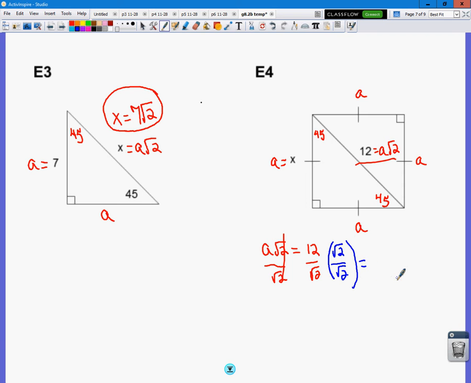So I'm going to multiply by the square root of 2 over the square root of 2. I now have 12 square roots of 2 over 2. But how many times will 2 go into 12? So this becomes 6 square roots of 2. Which means my X was equal to 6 square roots of 2.